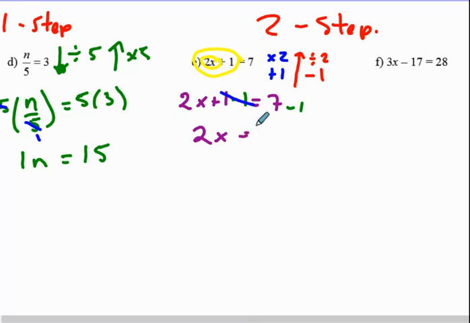So 7 minus 1 is 6. All right, so we sort of did this step now. So that step's done. And our next step is to divide both sides by 2. So you can either start it right there, or you could start right again and say, okay, I'm going to divide both sides by 2.